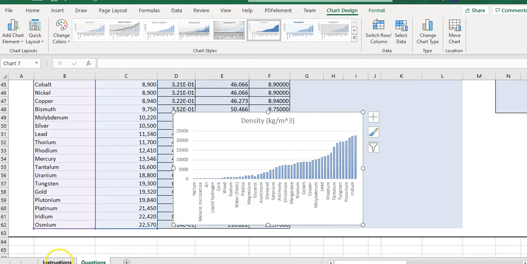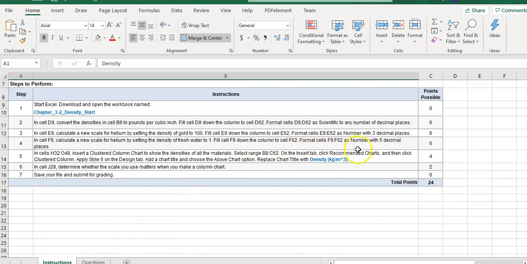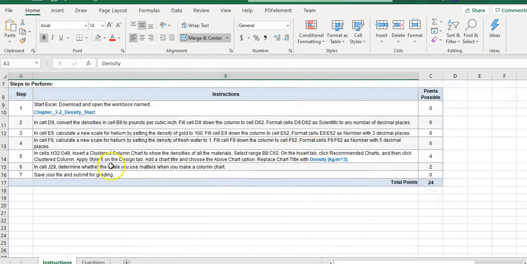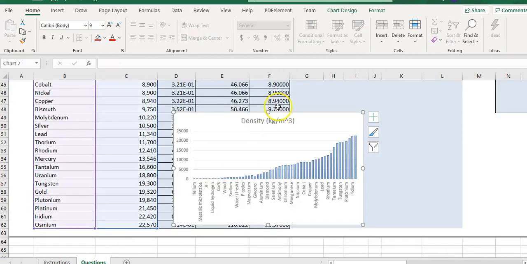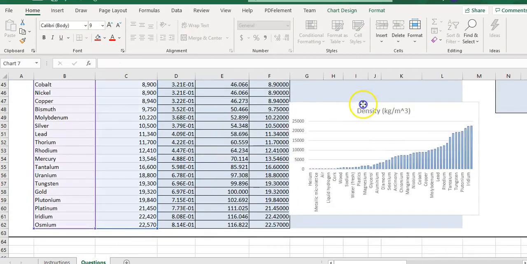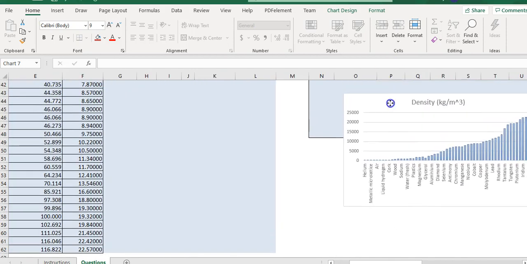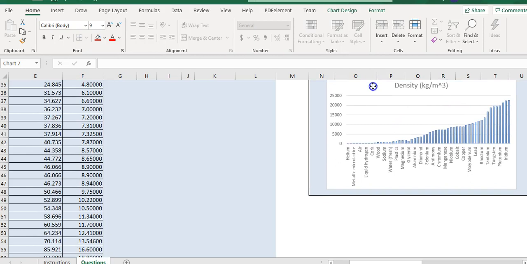And let's look at the rest of our instructions. It says make sure you've got a chart title with density kilograms per meters cubed, that looks good. And it doesn't say anything about any vertical or horizontal, okay? So this is our chart, and it's going to go into our chart section over here.